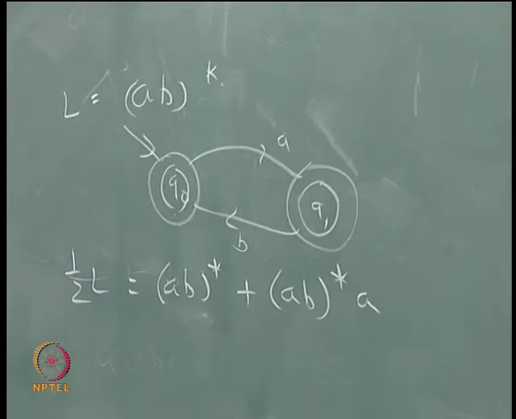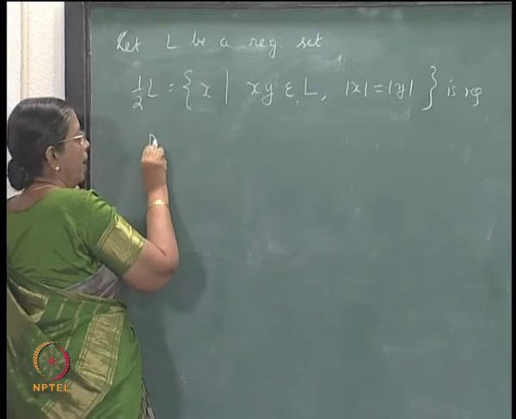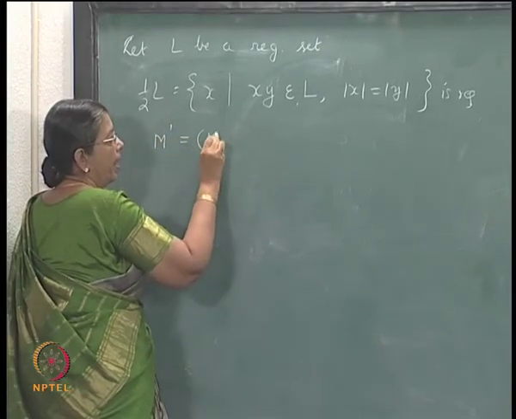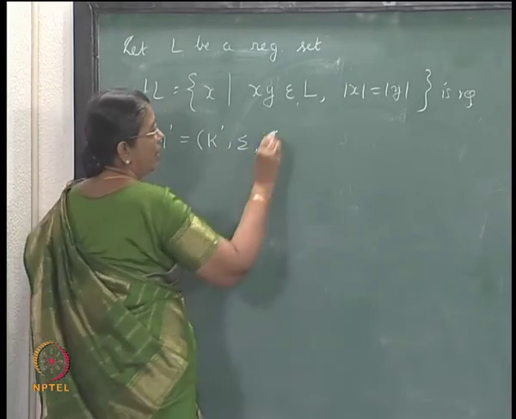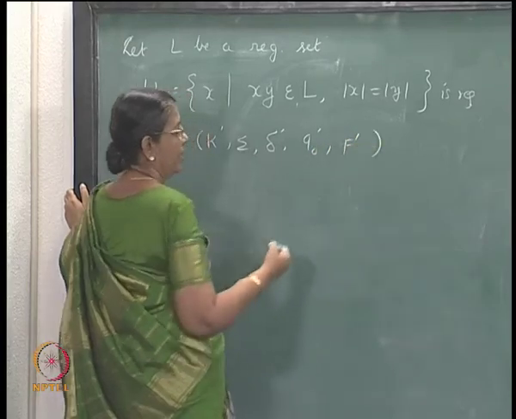This is what we want to show. You construct M dash, K dash, sigma, delta dash, Q naught dash, F dash.